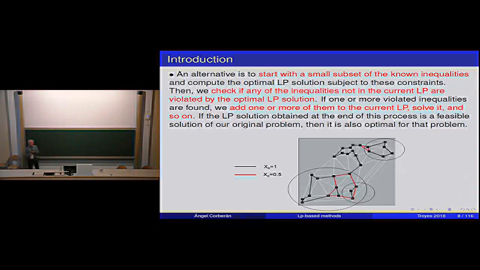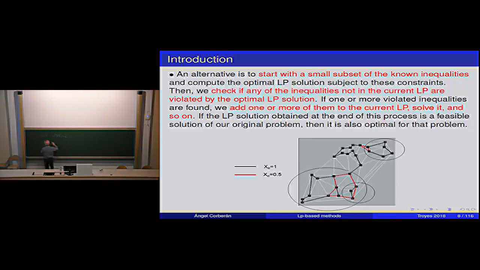There are several ways of formulating these inequalities, but a common one is that you have a subset of vertices S of your problem, and delta of S means the set of edges that are incident with a vertex in S. So if this is S, this is delta of S. X of delta of S are the variables associated to the edges in delta of S. So our way of expressing the subtour elimination inequalities is saying that this should be greater than or equal to 2, because we have to go from this part of the graph to another and come back.